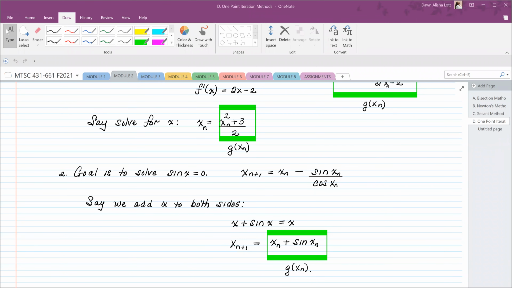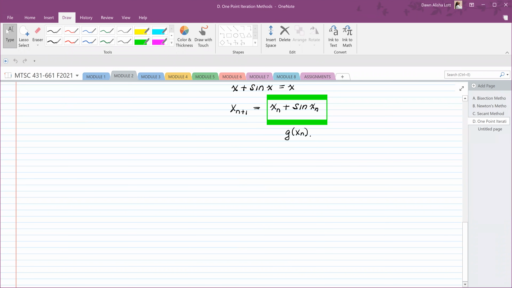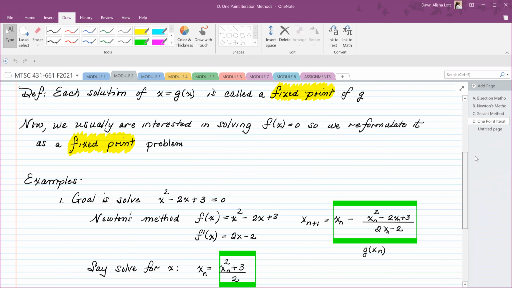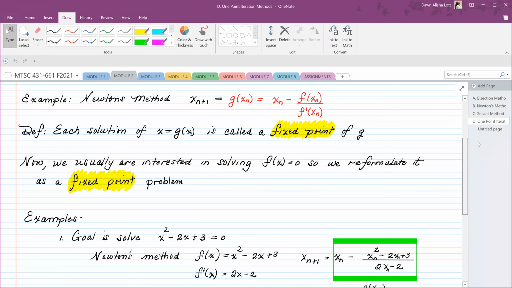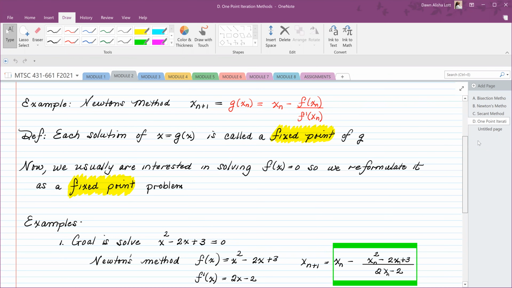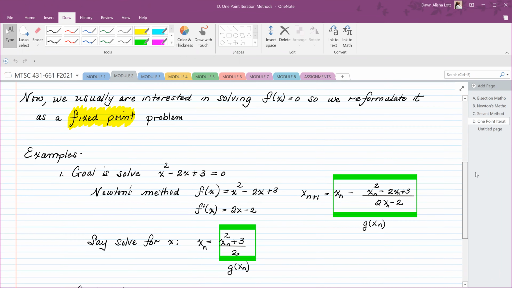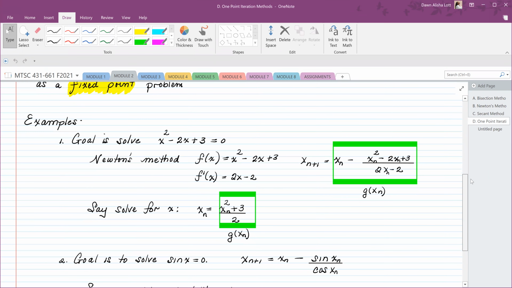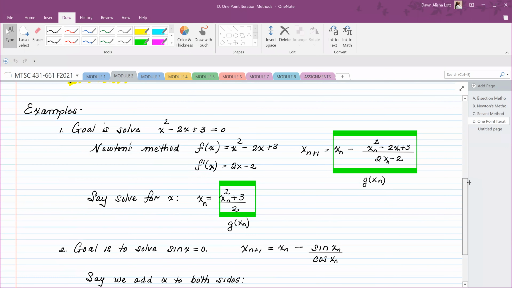Okay, so we're doing one-point iteration methods, otherwise known, for us, as fixed point methods. What we were talking about is we need a method that we can write as x equals g of x, and then it becomes a fixed point. For a fixed point, I gave two examples of different ways to solve this problem.